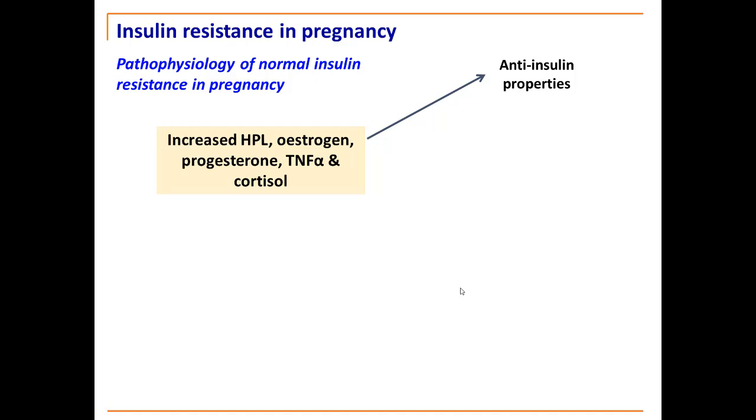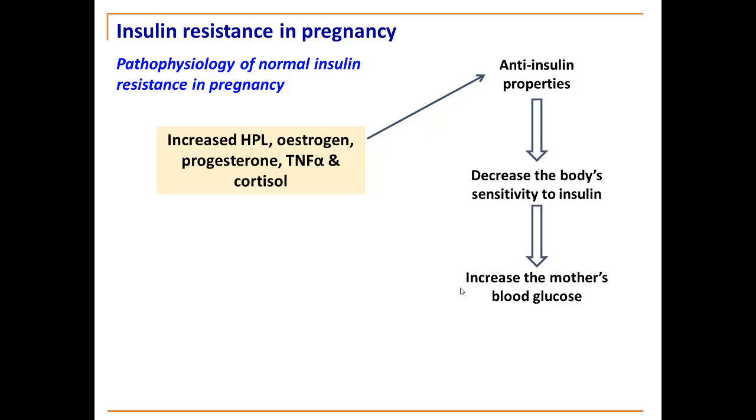But what about insulin resistance in pregnancy? Now we're going to look at the pathophysiology of normal insulin resistance in pregnancy as a summary. We get an increase in HPL, an increase in estrogen, an increase in progesterone, TNF-alpha and cortisol. They all have, through different mechanisms, anti-insulin properties. They decrease the body's sensitivity to insulin.